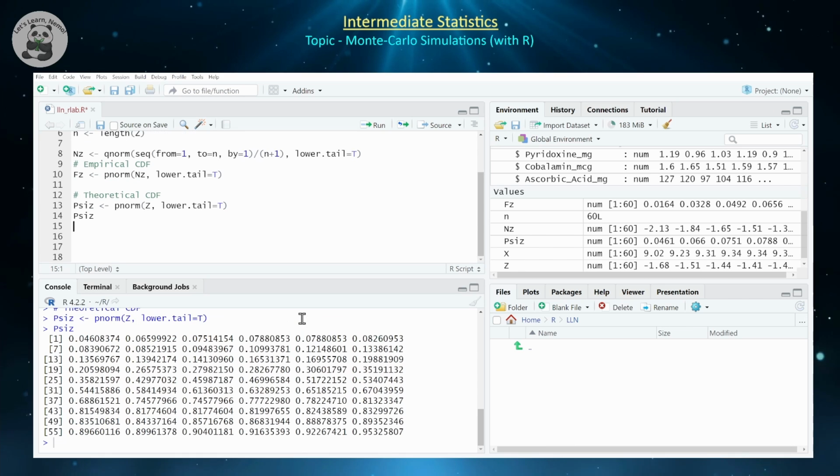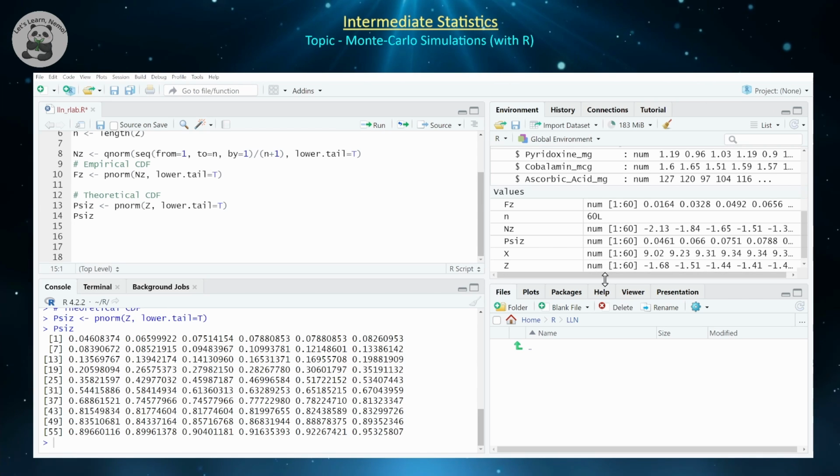If we look at the numerical values for these, of course they're not the same and we don't expect them to be, but we would like them to be approximately equal to each other one by one, both of them listed from least to greatest, if we want to have evidence to believe that our sample comes from a normally distributed population.